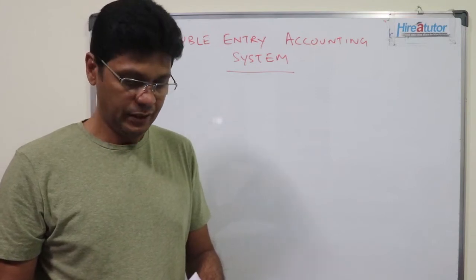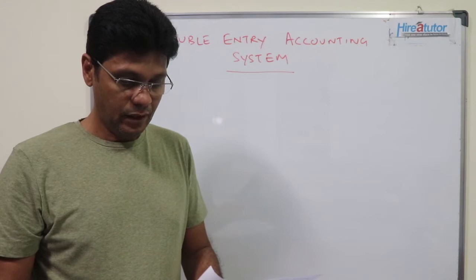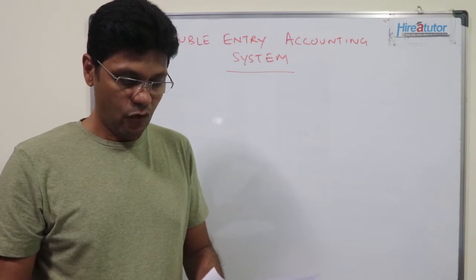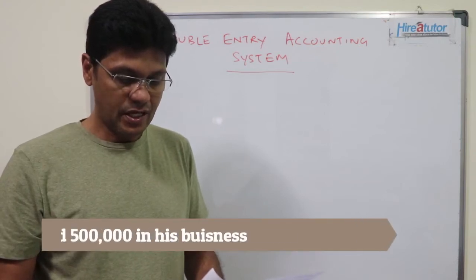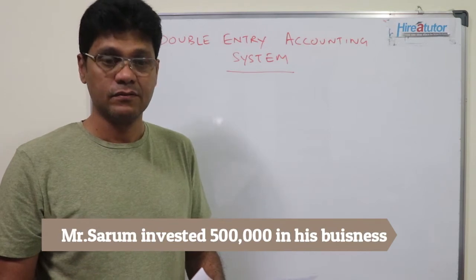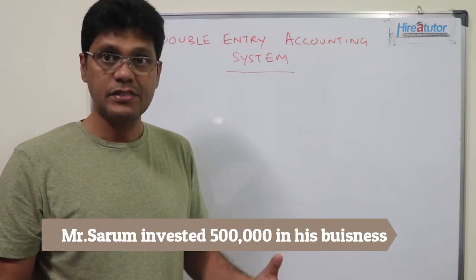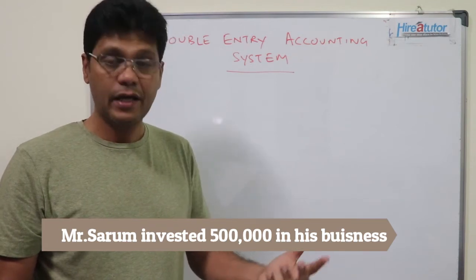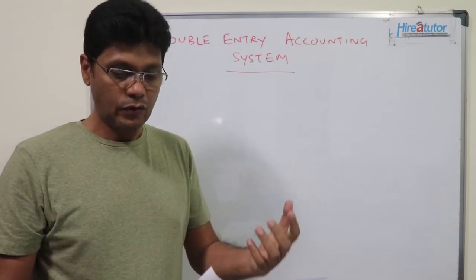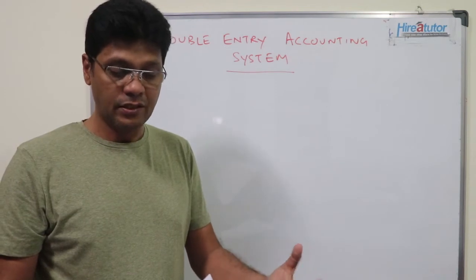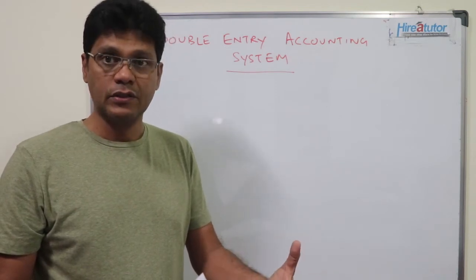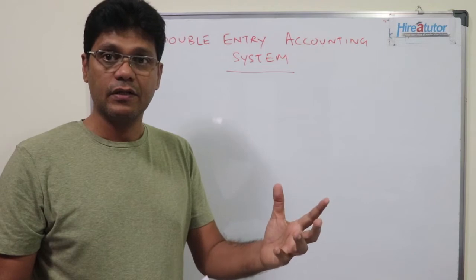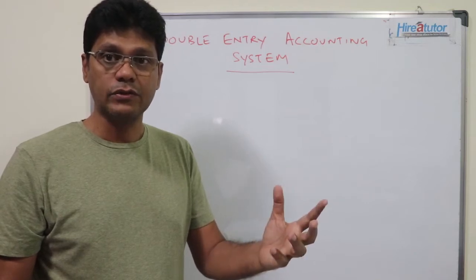The first question is, Mr. Seram invested 500,000 and started his business. So Seram is the owner of the business. He has invested 500,000 in the business. Now to record this particular transaction, you need two accounts. So remember the double entry accounting rules.